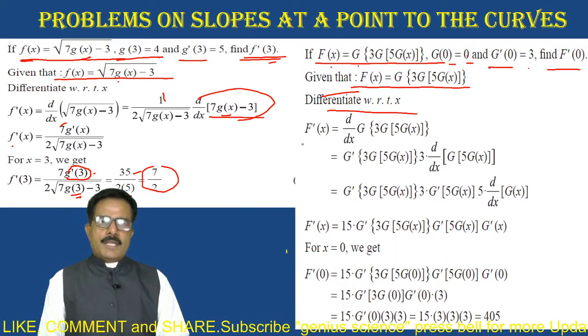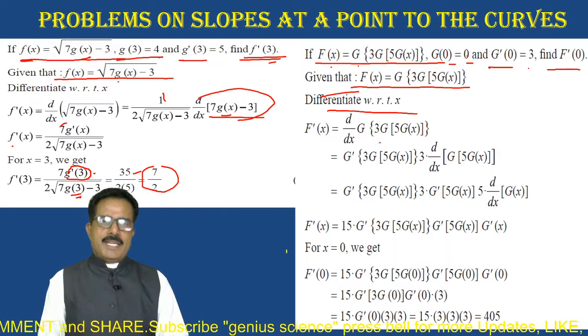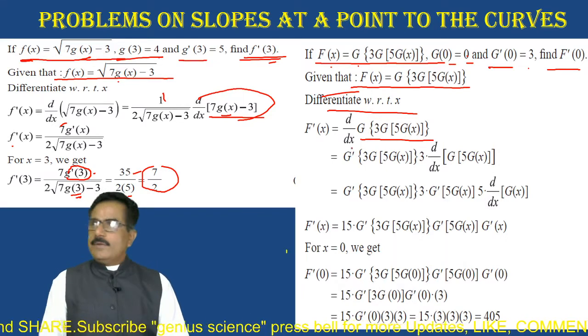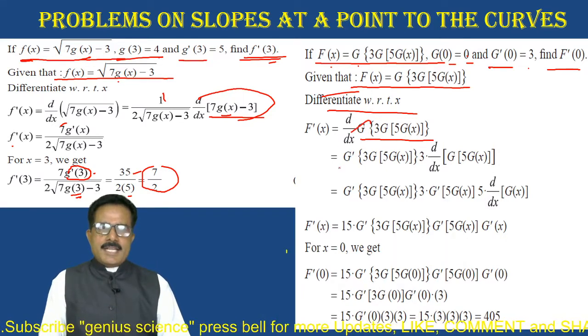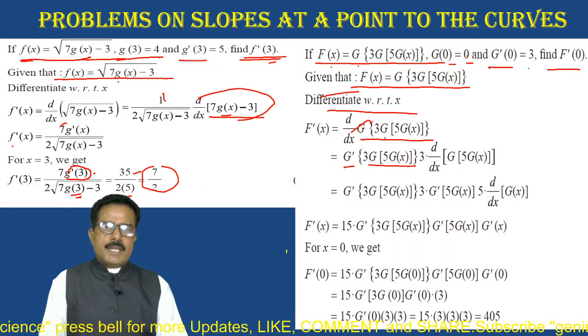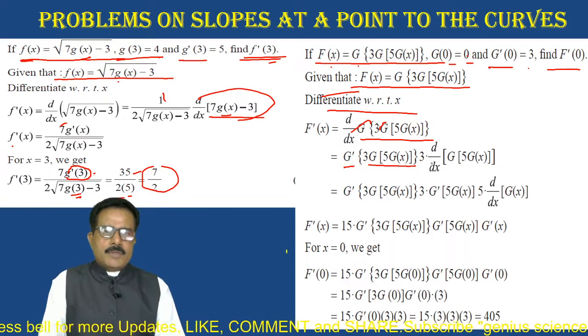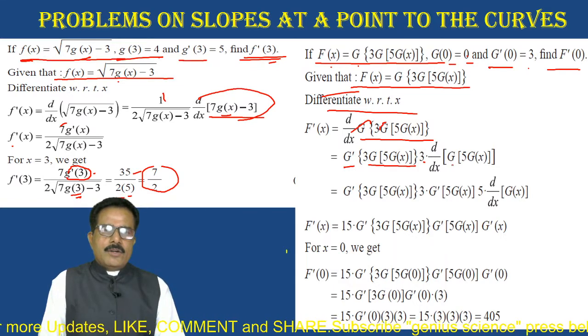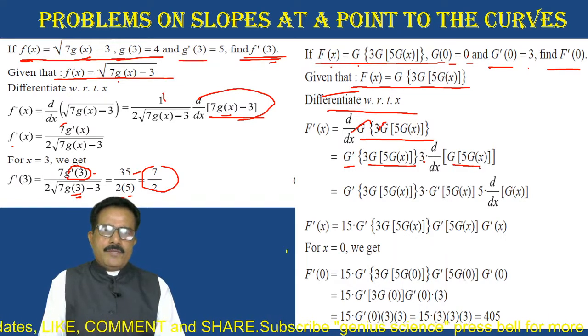Differentiating with respect to x, f dash of x is equal to d by dx of this. Again, we differentiate this: g dash of x, keep the inner function as it is. Again, we have to take the derivative of the inner composite function, 3 as it is, derivative of g of 5 of g of x.